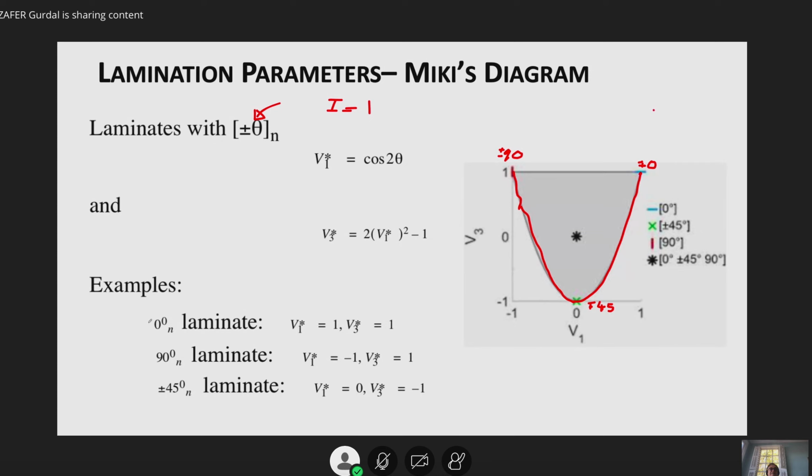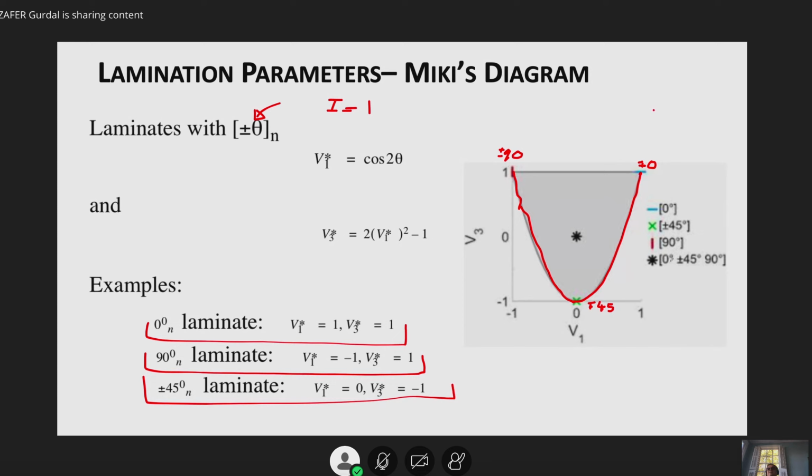And these are the 3 points that I already marked on the chart, points of interest for us. There's another point marked in there, here. This is actually a quasi-isotropic laminate, and you can reach it with 0s, 45s, and 90s, but it's inside of this domain. It's more than one angle.